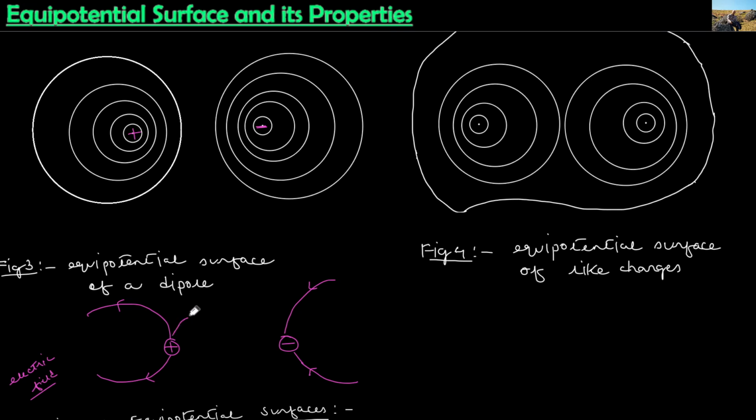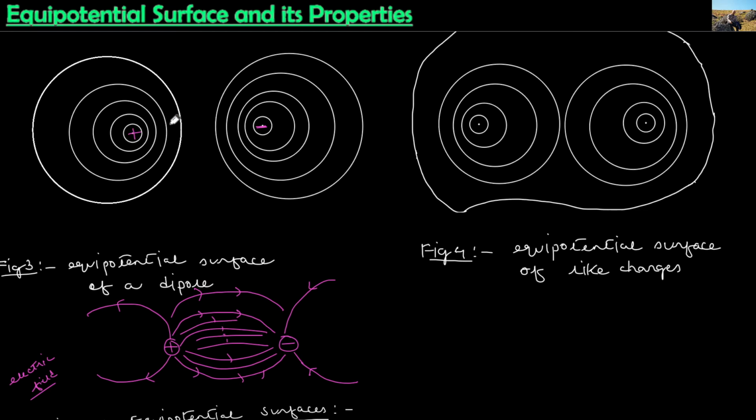For a dipole, all these lines of force come from the positive charge and go into the negative charge, which means the lines of force very near the charges, between plus q and minus q, will be very close to each other.